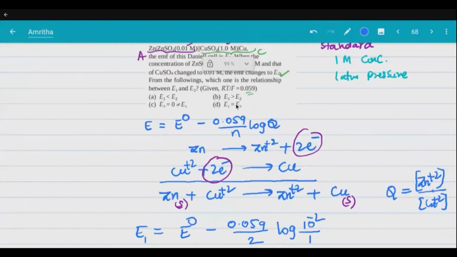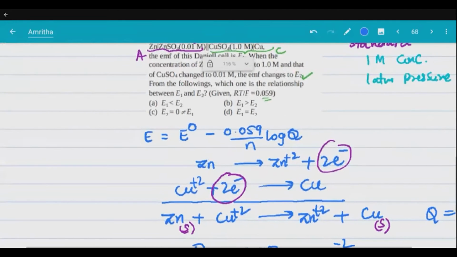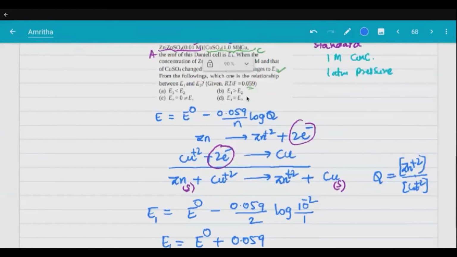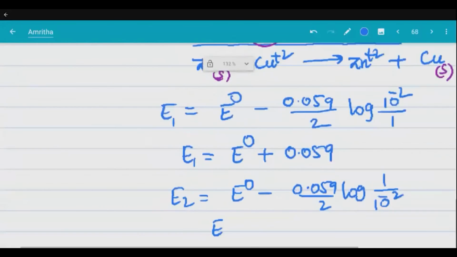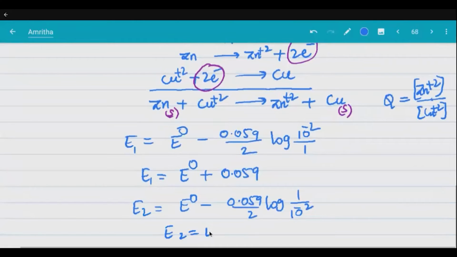In the same way, E2 is equal to E naught minus 0.059 by 2, but they reversed it. Numerator is 1, but denominator is 10 power minus 2, that is 10 power 2. So E2 is equal to E naught minus 0.059. Just compare these two now.